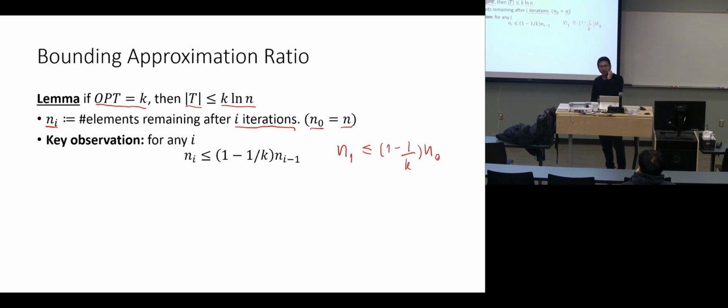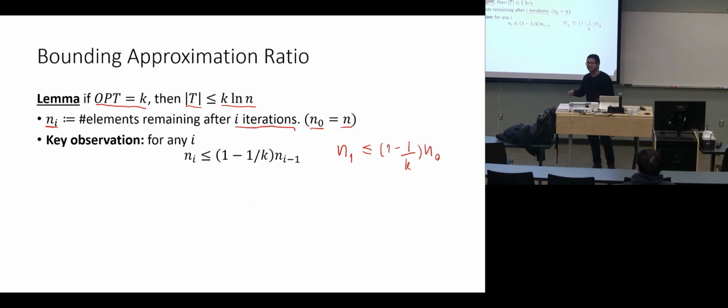Yeah, exactly. So you actually just answered the whole thing here, but let me just motivate, and tell you to see why this is the case first, right? Well, you know that there exists a solution of size k. And this solution is just k sets that cover n elements.